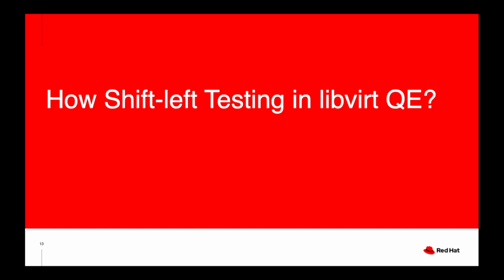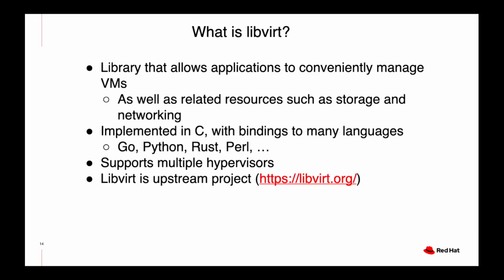We focus on testing the libvirt component in the real product. So what is libvirt? Libvirt is a library that allows applications to conveniently manage virtual machines. It is an upstream project.